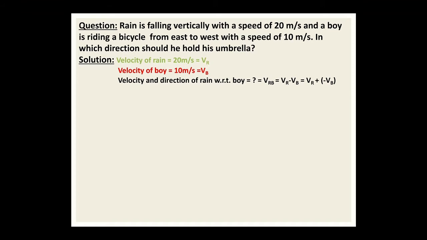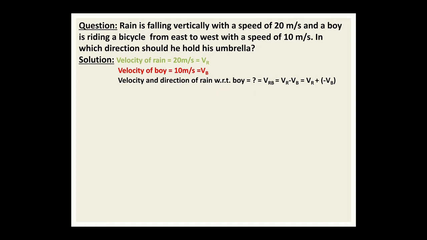We are considering VRB as the velocity of raindrop with respect to boy. So you have to hold the umbrella in this direction.